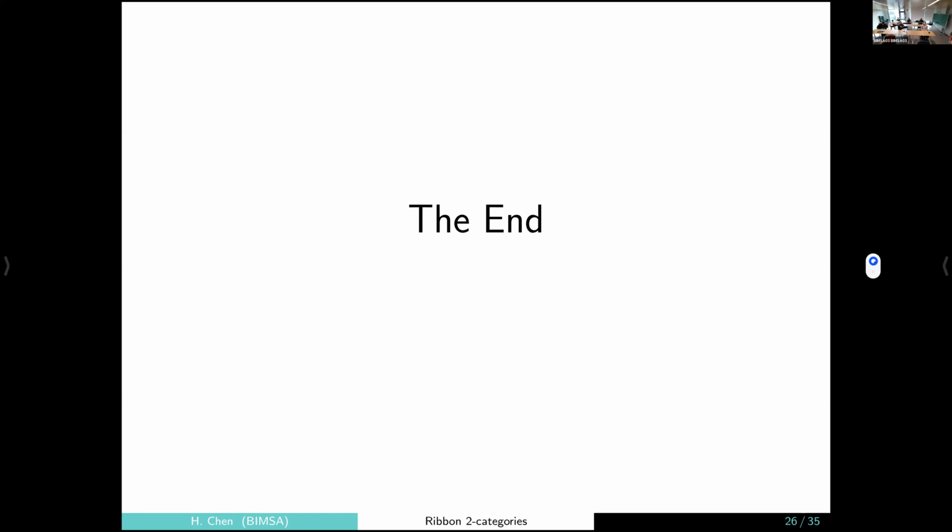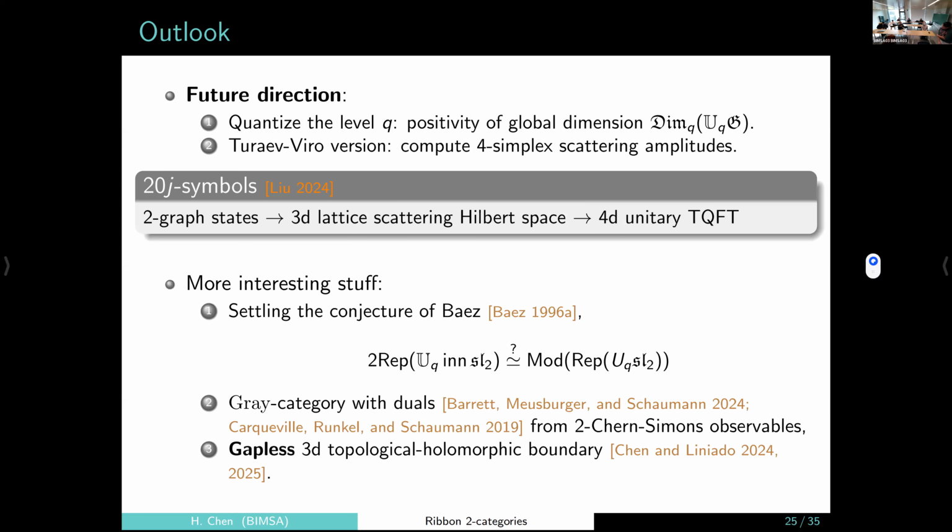So for the last thing, do you think it's a categorification of VOAs that we're looking at? Well, that's a good question. It depends on what you mean by categorification.